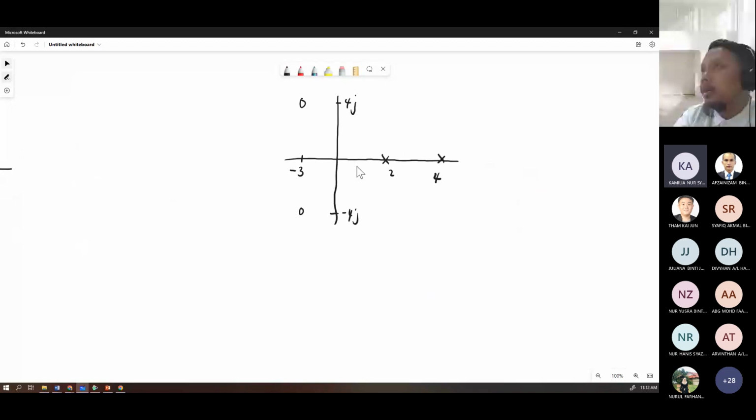Okay, so you need to find this angle. Let's say theta Z1, and then this angle, theta P1, and lastly this, theta P2.